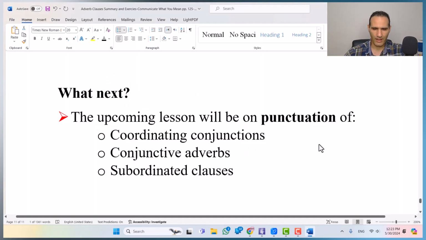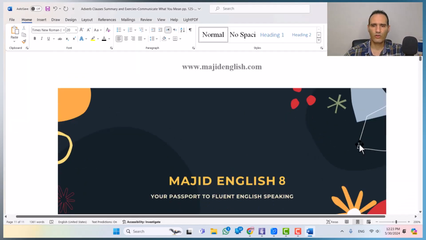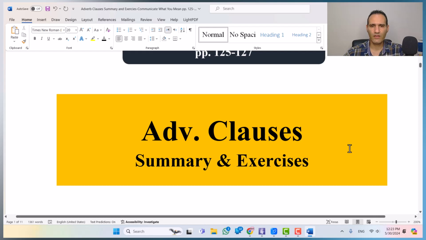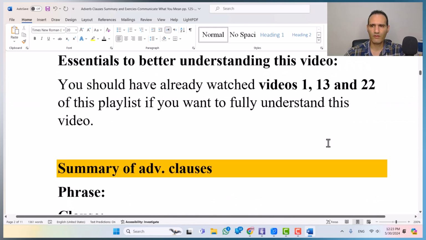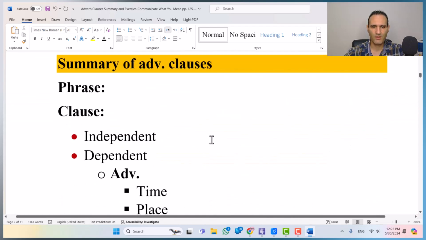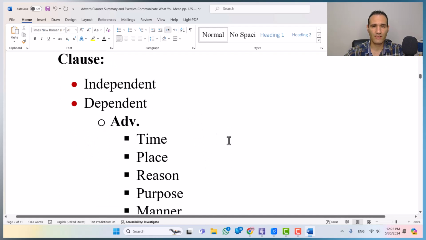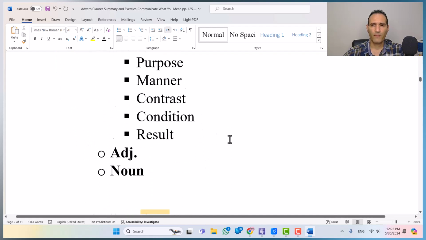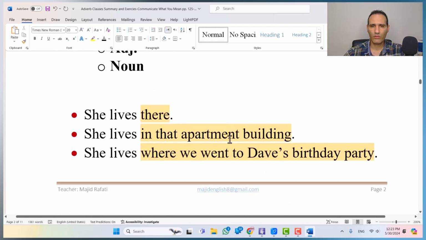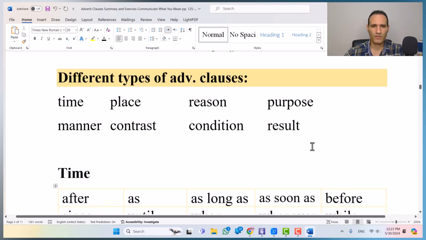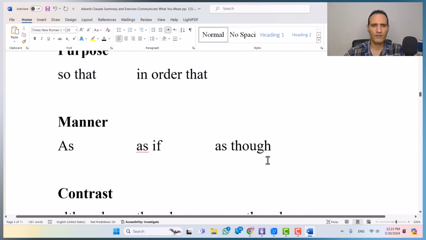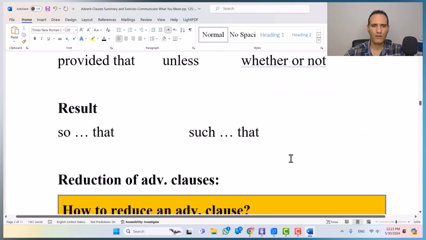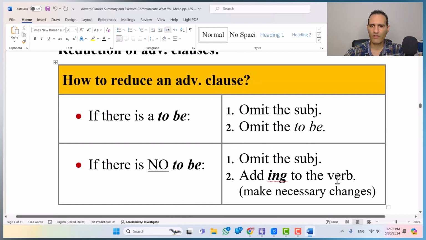So, just as a video review, what did we talk about today? We had a summary of the adverb clause, different types and things here. These concepts are essential to your professional grammar and writing and speaking, so please learn them completely. Different types of adverb clauses we talked about here. And here the reduction of adverb clauses.